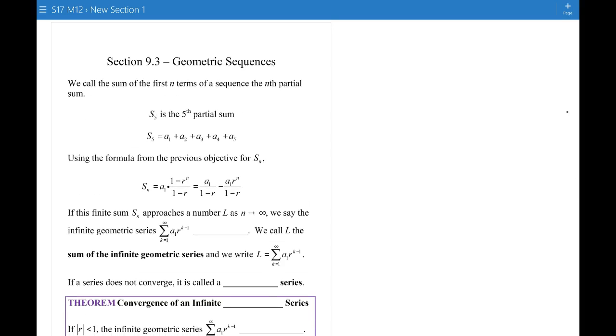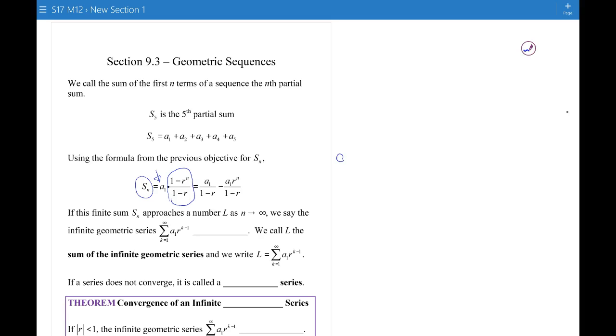Recall that we call the sum of the first n terms the nth partial sum. So S sub 5 is the fifth partial sum: add up the first 5 terms. We had a formula from the previous movie where S sub n is a sub 1, the first term, times the ratio of 1 minus r to the n over 1 minus r.